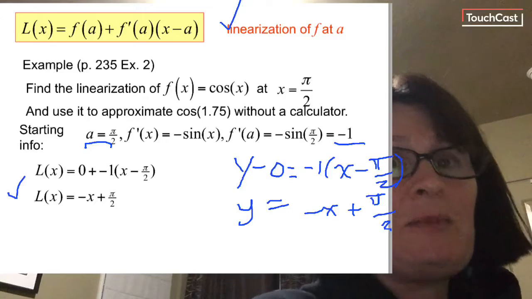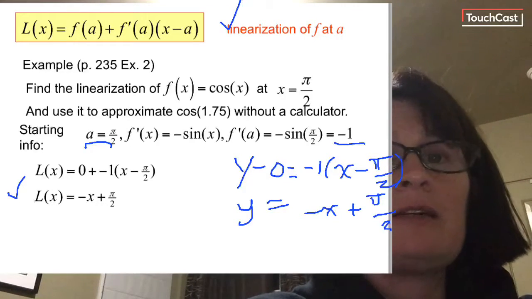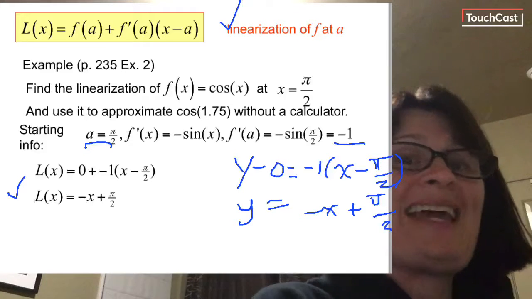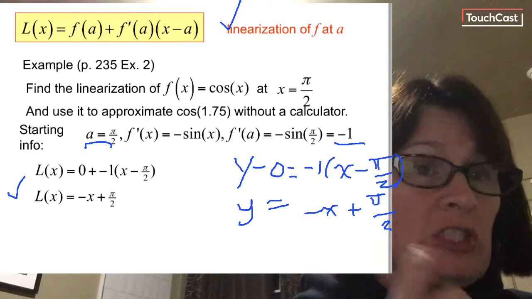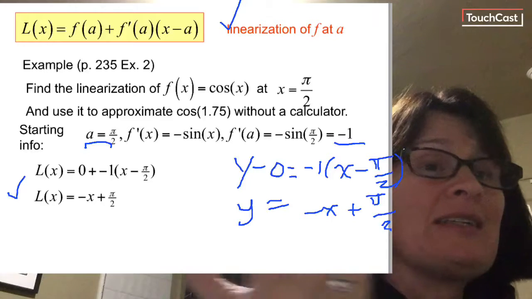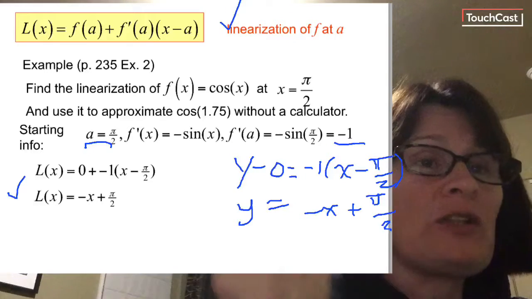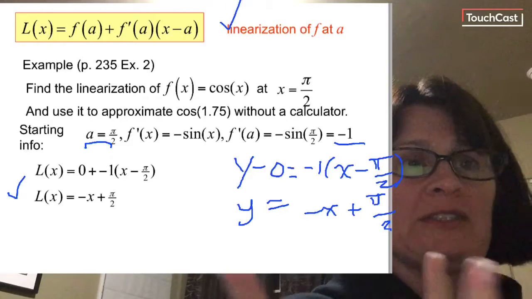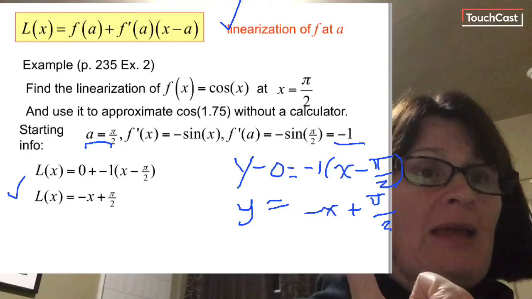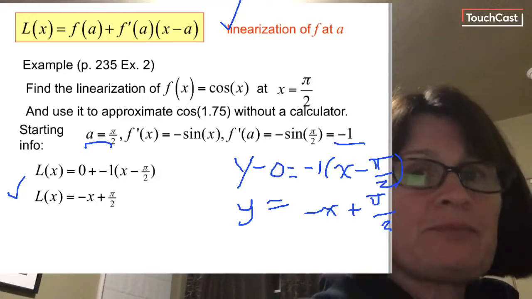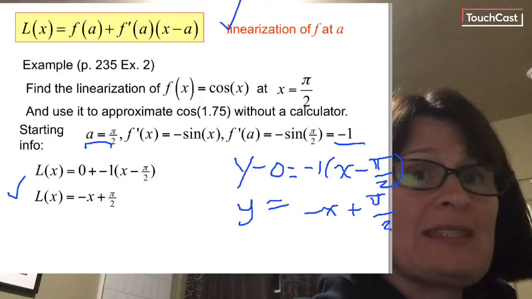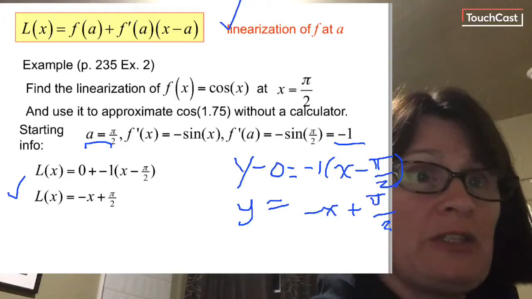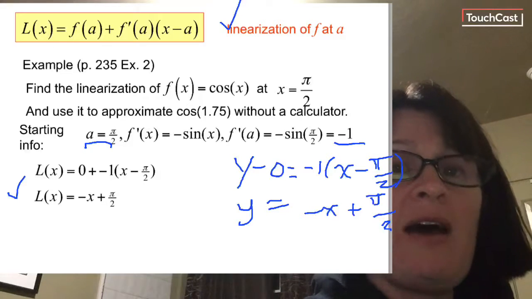So what does this mean? This is definitely linear. L of x is negative x plus pi over 2, because pi over 2 is just a constant, and negative x, so that's a degree 1 equation. The only operations happening in it are adding, subtracting, multiplying. So I could use this now if I needed an approximation of cosine of 1.75.